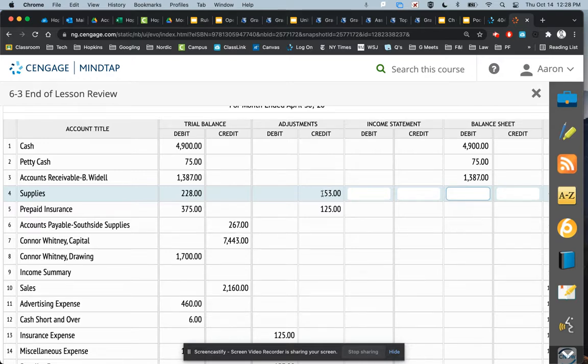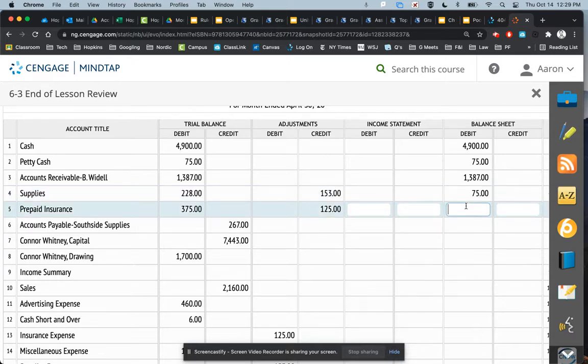So we need to figure out the difference between those two, and that is what's going to go on our balance sheet. Not this amount, but this amount, 228 minus 153. What is it, 75? $75 goes in there because debits are still bigger than credits. So then we're going to have a debit balance because of that.